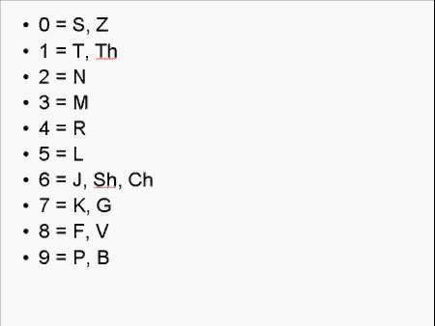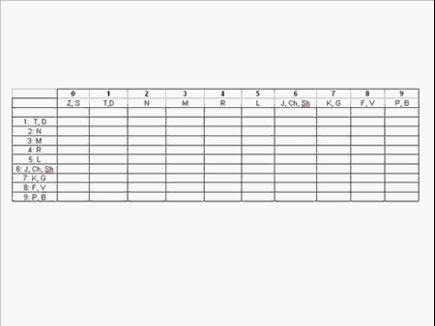Now, once you have memorized those 9 letter associations, what you then need to do is get a piece of paper and draw out a grid similar to this. Now, this may be too small for you to read from, but basically we've got the numbers 0 to 9 across the top, and then the same down the side here, although I haven't included 0 on the side one.